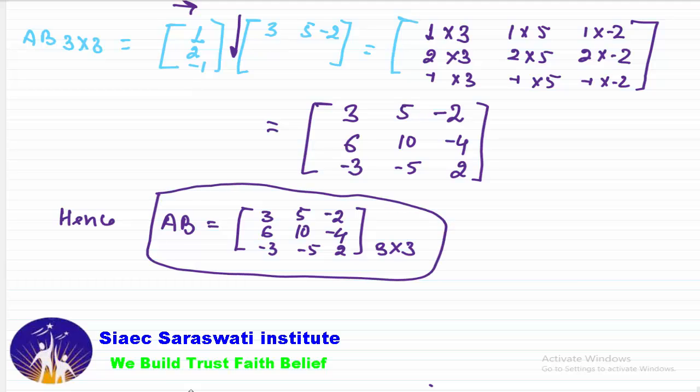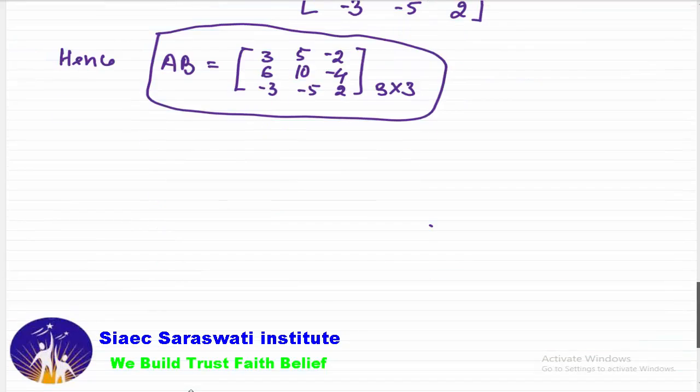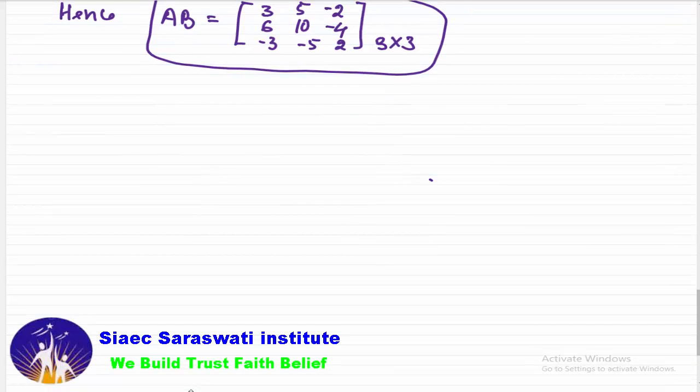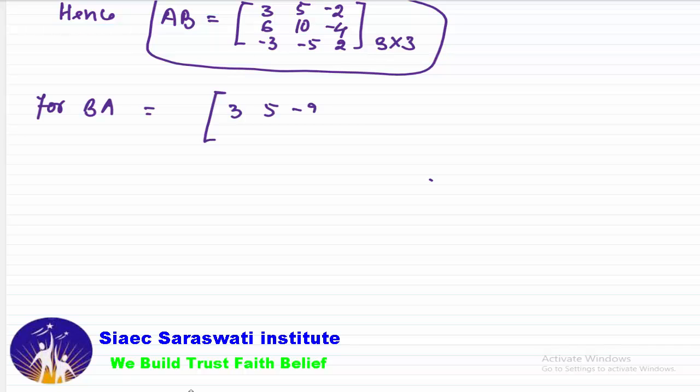And for BA, the value of B, that is 3, 5, minus 2, multiplied with 1, 2, minus 1.